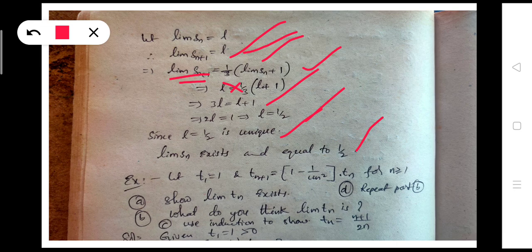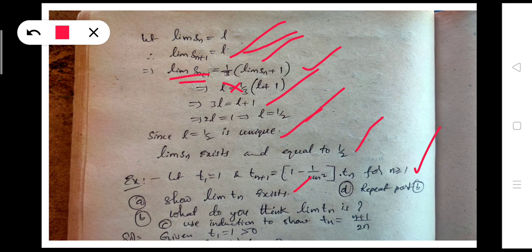Now take the next example. Let T1 be equal to 1 and T(n+1) equal to (1 minus 1/(4n^2)) times T(n) for n greater than or equal to 1. Show the following. Part A: the limit of T(n) exists. Part B: what do you think the limit of T(n) is?